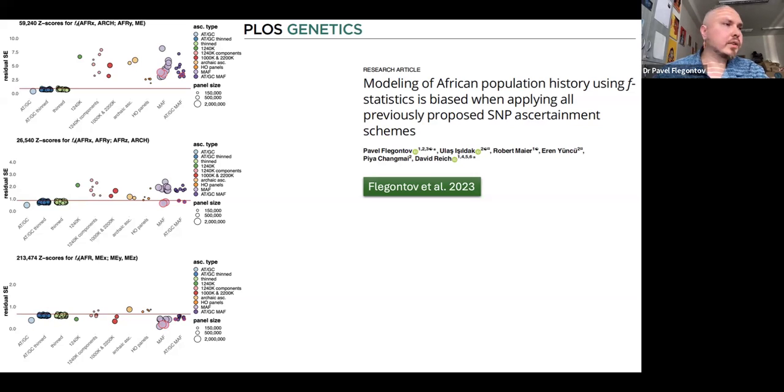So it's better to ascertain as close to the root as possible. But on the other hand, ascertaining very close to the root, let's say we have access to a very ancient population that was close to the root. We ascertain on it. By ascertaining on it, I mean we choose sites that are polymorphic in it.